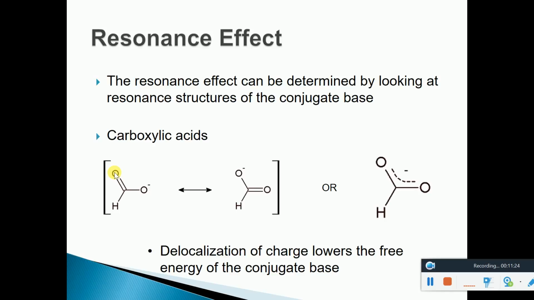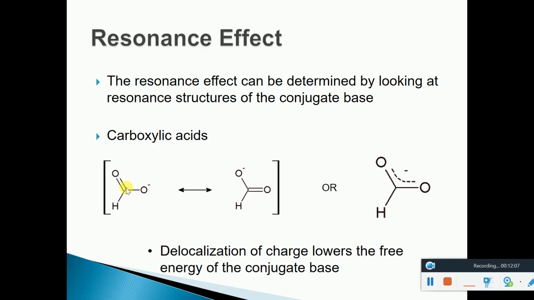Just really quickly, be familiar with this whole design here. It's showing resonance, and resonance will always be depicted by brackets and a double-headed arrow. What is it showing? It's showing where the pi electrons and where the negative charge can be on this molecule. It's showing delocalization of this negative charge, that it's moving around, and that's why it makes a more stable base.